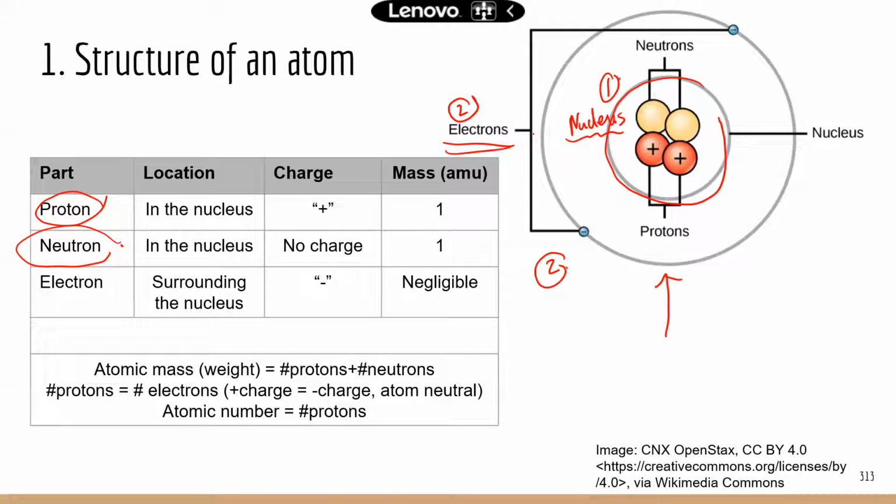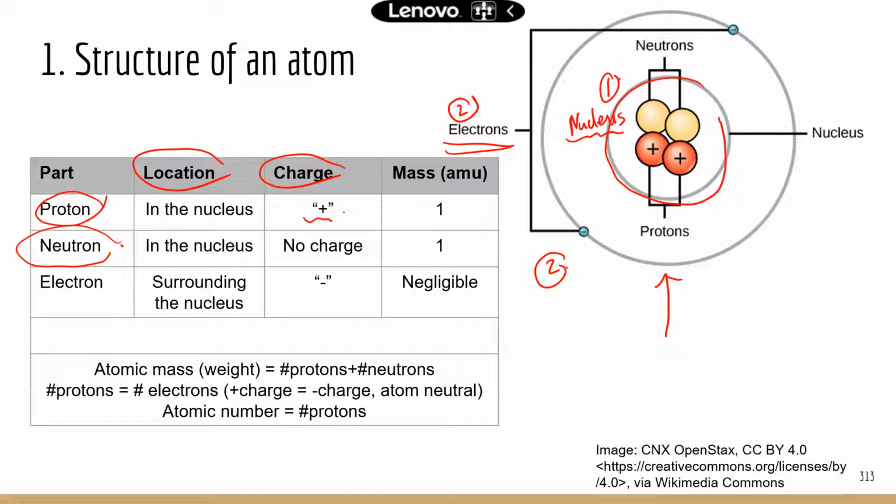All right. Now, each subatomic particle has its own characteristics. So you need to know a few. For example, the location of those different particles, you already know. And next is the charge. Each proton will carry one positive charge. Neutrons do not have any charge, so they are electrically neutral.